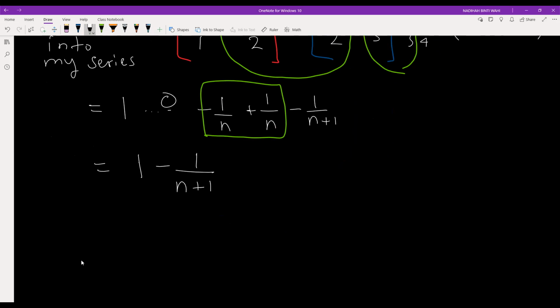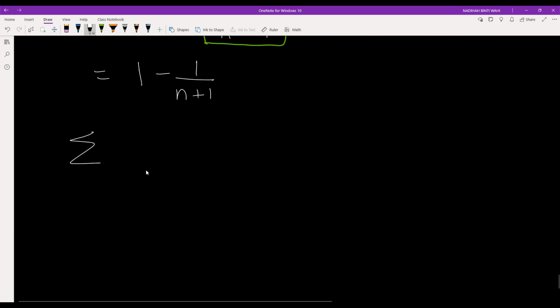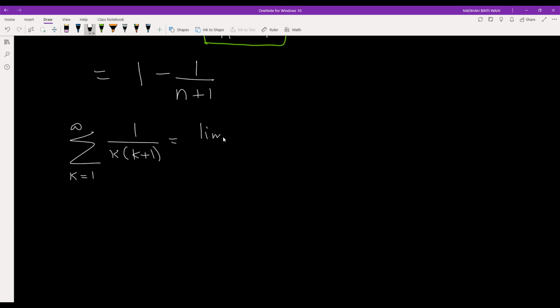Okay, so do you see this? So I can conclude that the series, summation from k equals 1 of 1 over k times k plus 1, equals the limit as n goes to positive infinity of Sn.